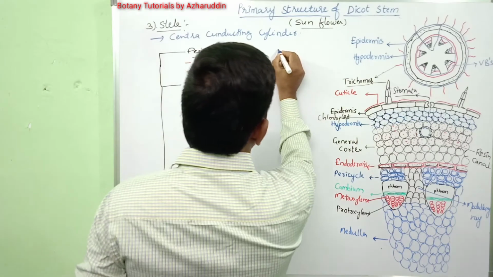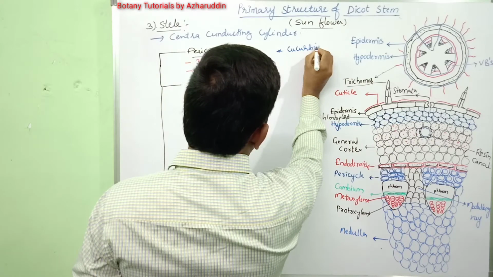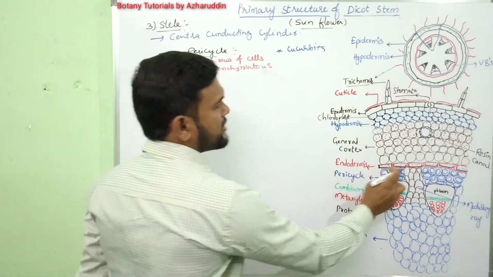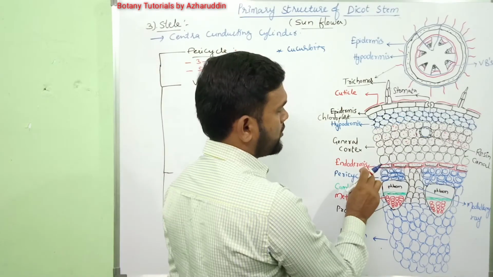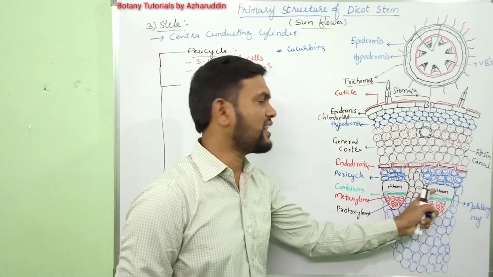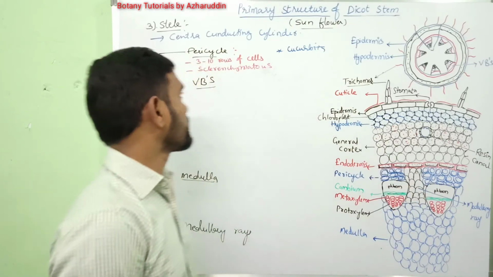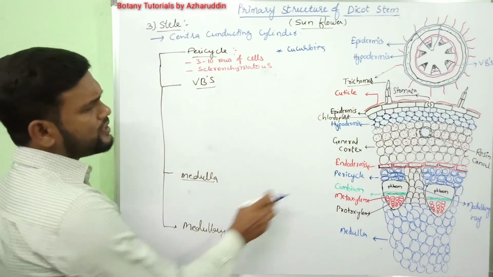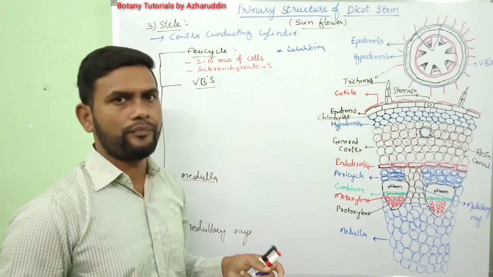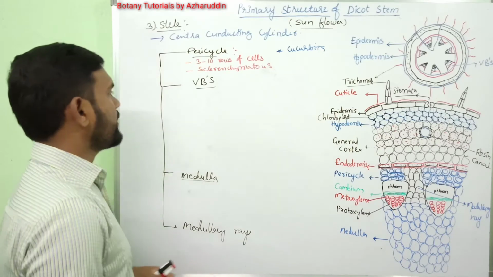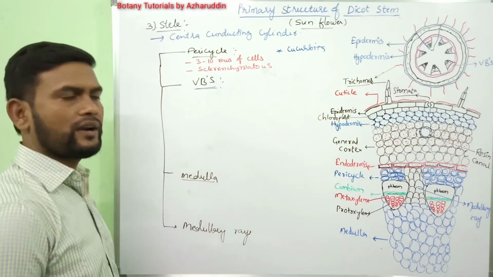In Cucurbita and Aristolochia, this pericycle is in the form of a continuous ring that forms a continuous sclerenchyma below the endodermis. This pericycle provides mechanical strength to the stem. Do you understand?